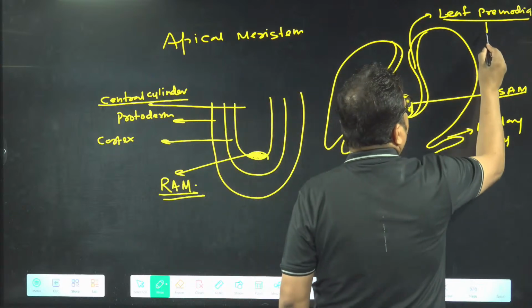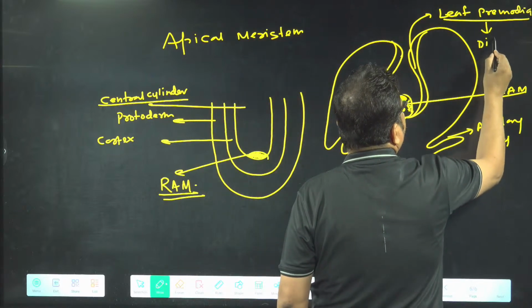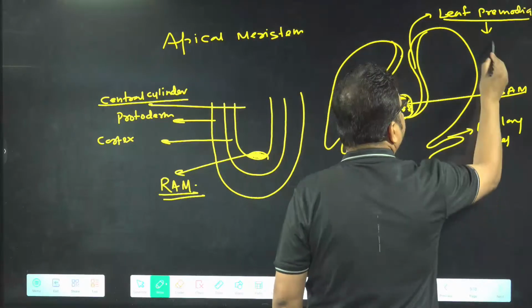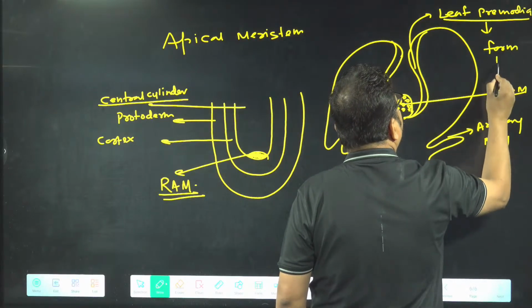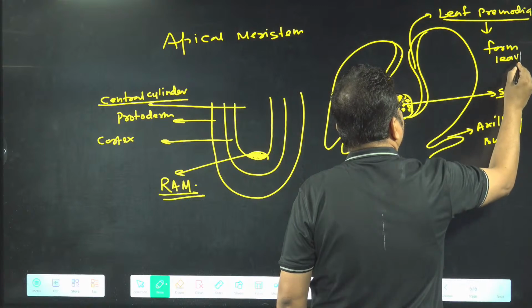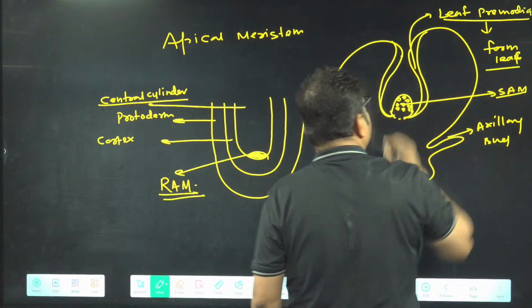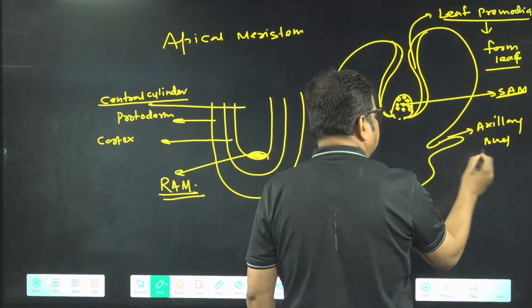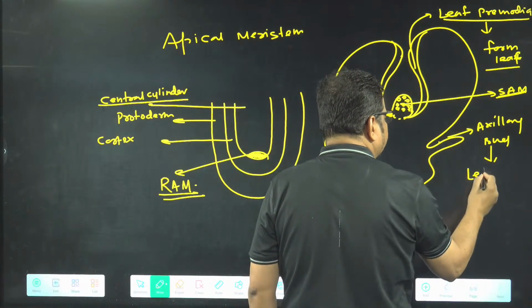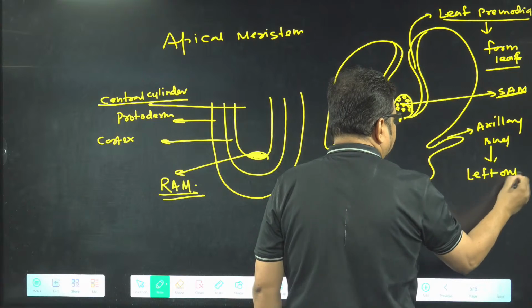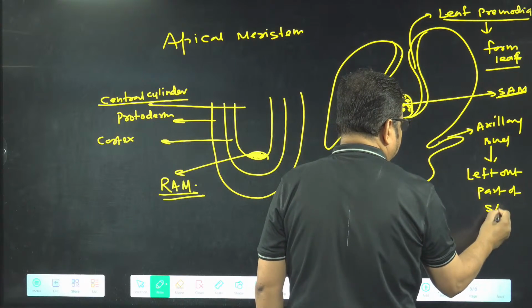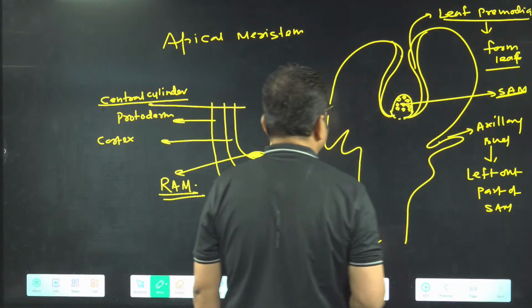Leaf primordia differentiate into leaf, or form leaf. These are shoot apical meristem. These are axillary buds, the left out part of SAM.